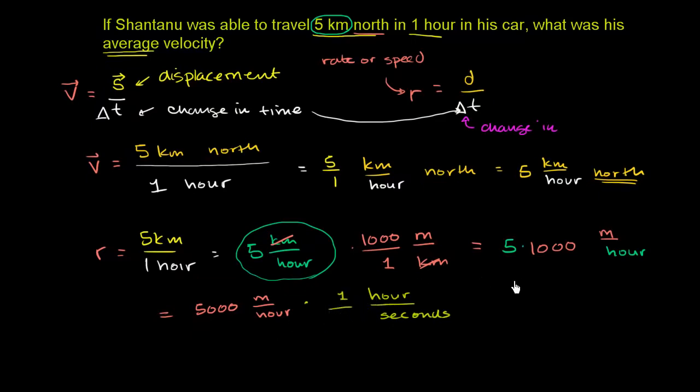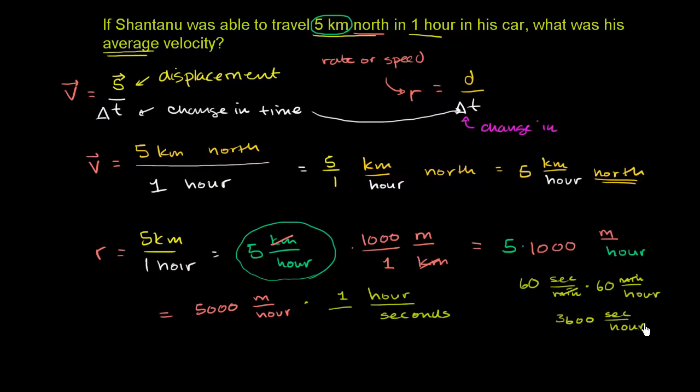Well, you have 60 seconds per minute times 60 minutes per hour. The minutes cancel out. 60 times 60 is 3,600 seconds per hour.